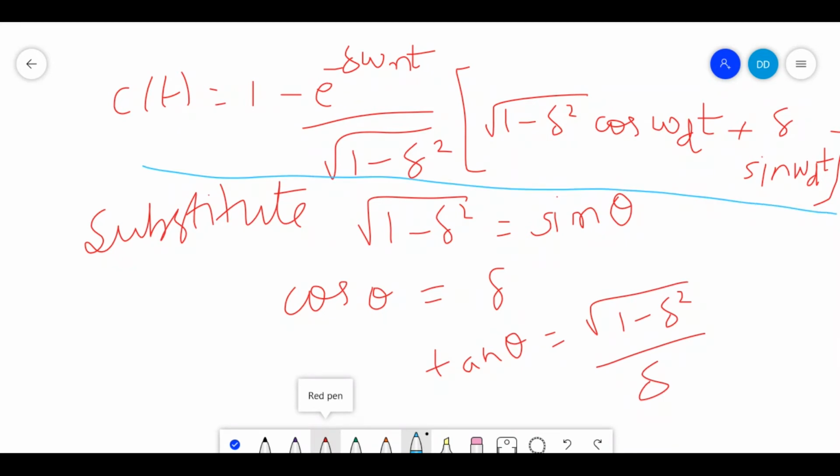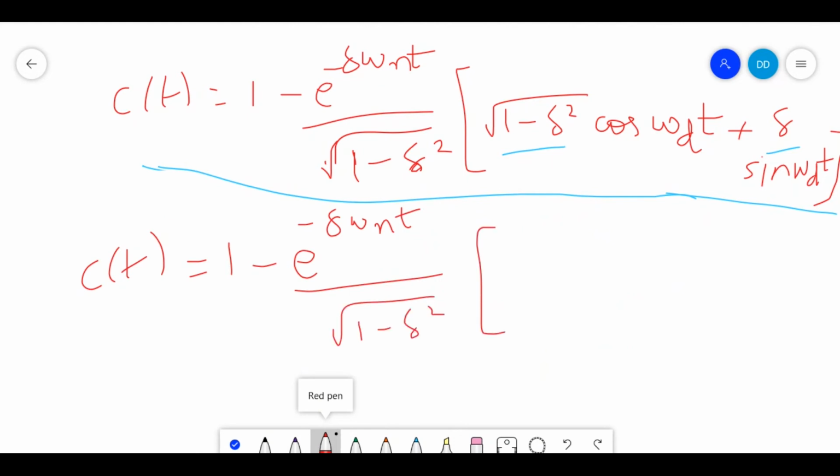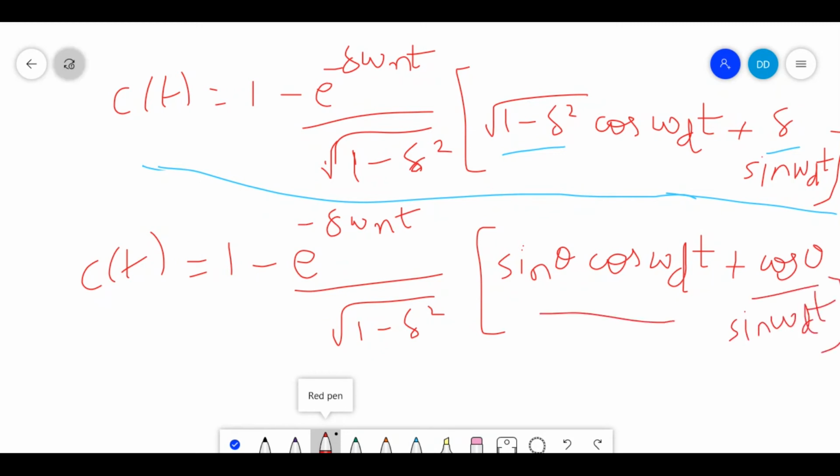Therefore, we rewrite this particular response C of t by replacing root of 1 minus delta square as sin theta and delta as cos theta. So we get C of t equal to 1 minus e to the power minus delta omega n t divided by root 1 minus delta square into sin theta cos omega dt plus cos theta into sin omega dt.